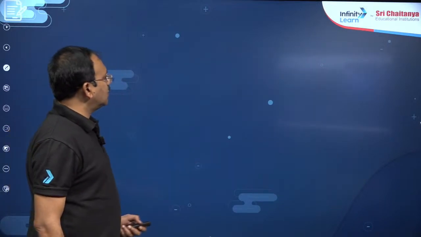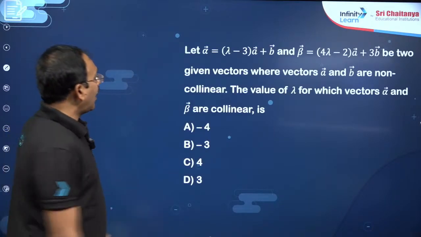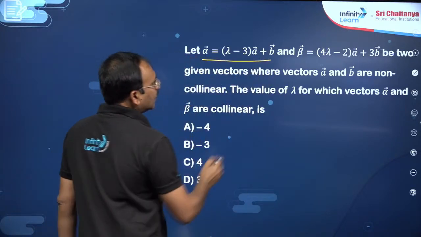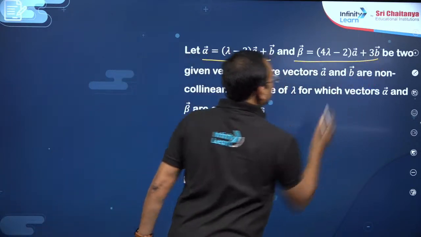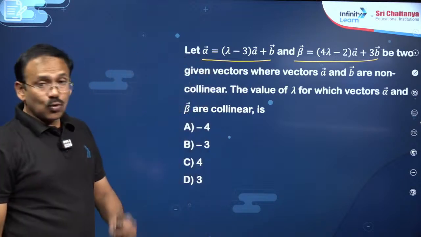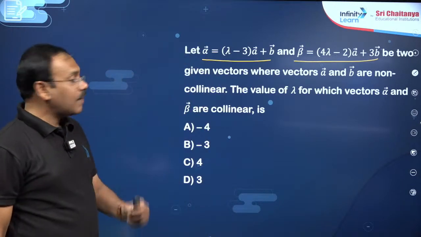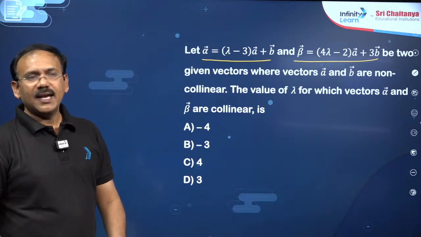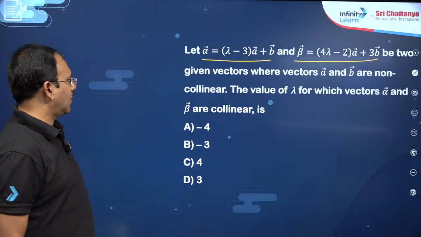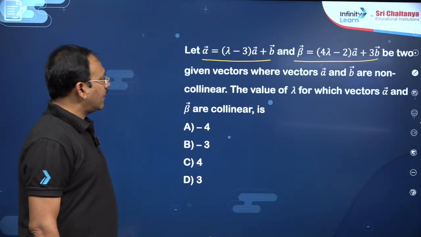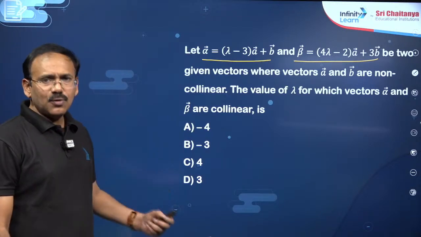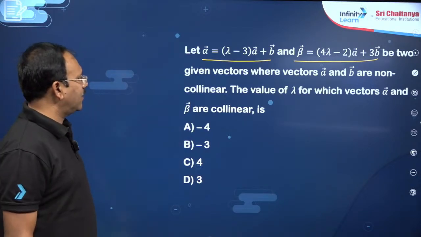So next you see this question, alpha bar is written in terms of A bar and B bar, even beta bar is also written in terms of A bar and B bar, be two given vectors where A bar, B bar are non-collinear. That means you cannot write A bar as some number into the other vector. Now the value of lambda for which vectors alpha bar and beta bar are collinear, you can apply the same analogy, my dear friends.